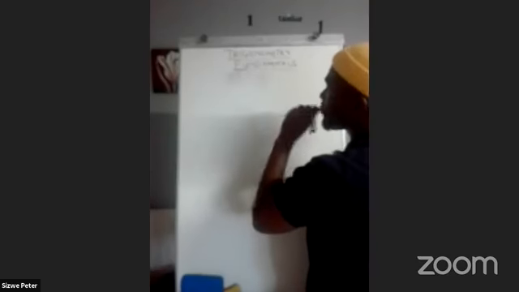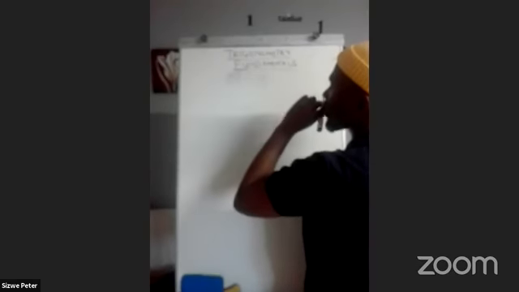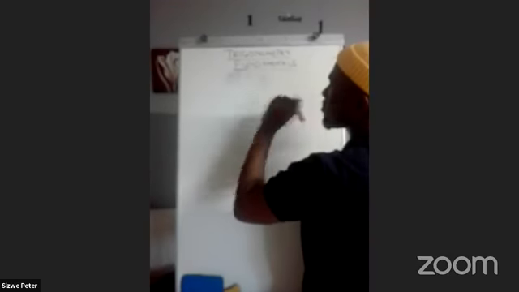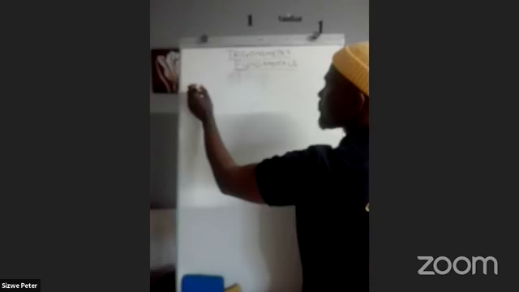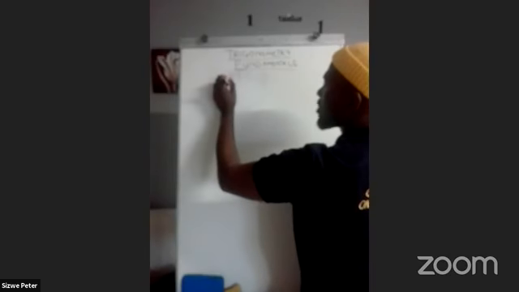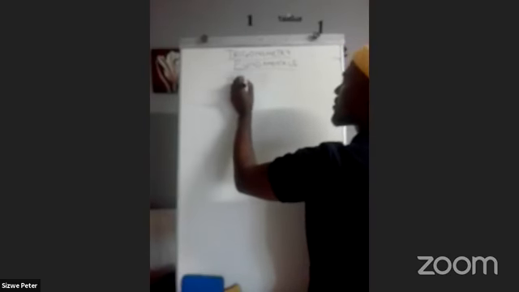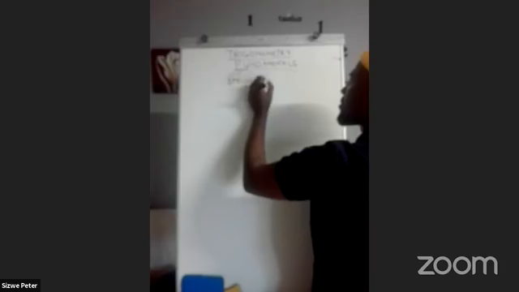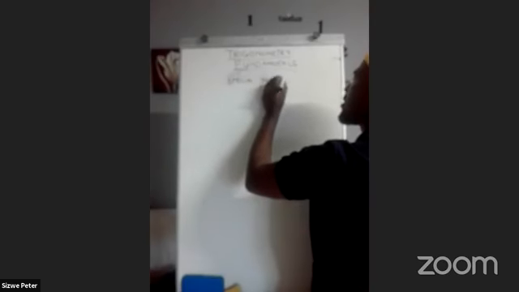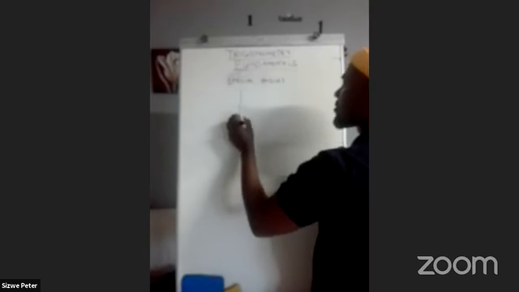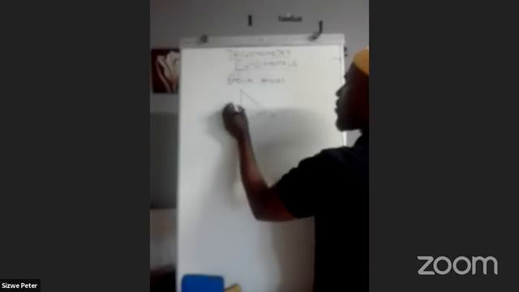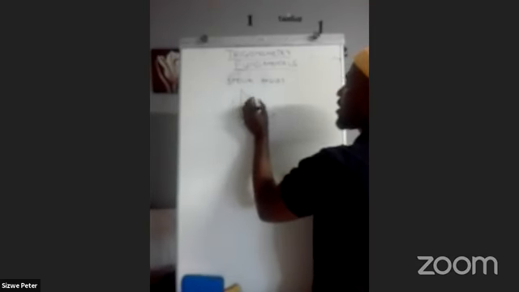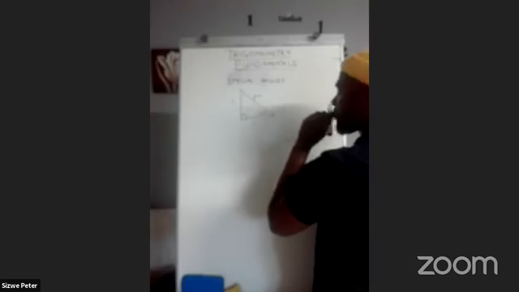Okay, so now, let's say now we have special angles. Special angles. This is 45, 1, 1, and this is square root what?